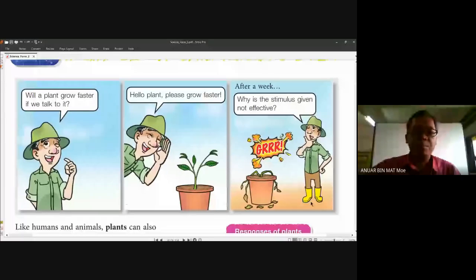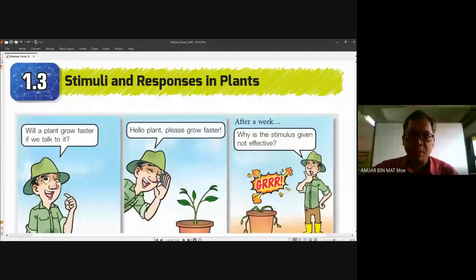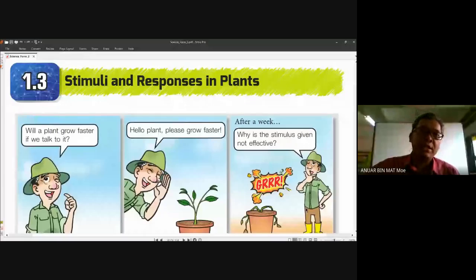So our previous lesson was stimuli and response in human. Actually, in plant also there is a stimuli and response, because we consider plants as living organisms.